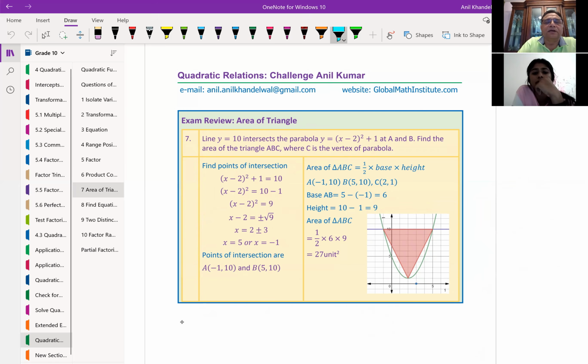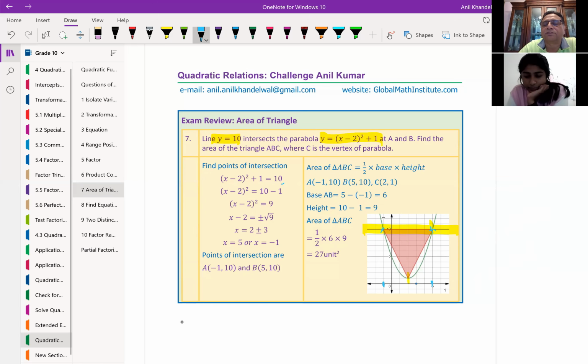So basically, as you can see from the diagram, we have line y equals 10, which is a horizontal line, intersecting a parabola which is opening upwards with the vertex at (2, 1), and you find the 2 points where it intersects. Clear. Now it says find the area of the triangle ABC, where C is the vertex of the parabola. So straightforward question. To find these 2 points, what you can do is just substitute 10 and find the value of x, right?